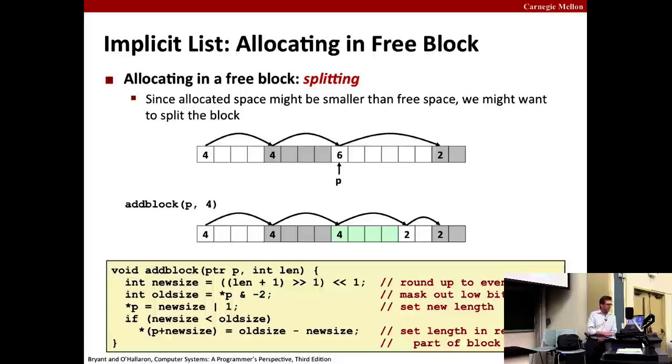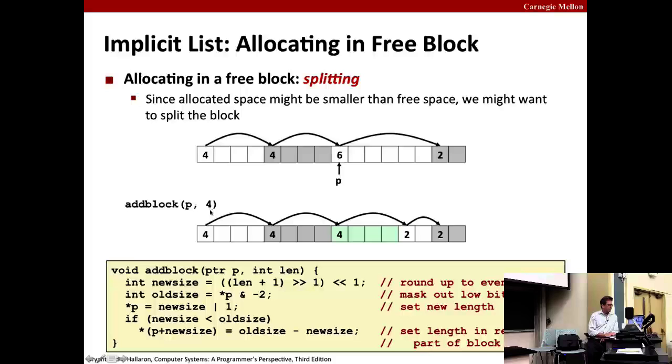It could allocate the whole block and return that back to the programmer, or it could choose to split out just the portion of the block that's needed, and then create a smaller free block.